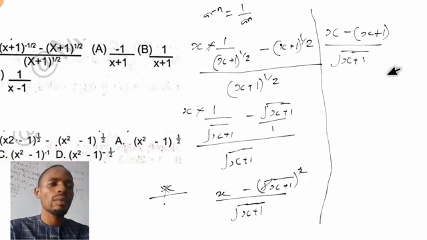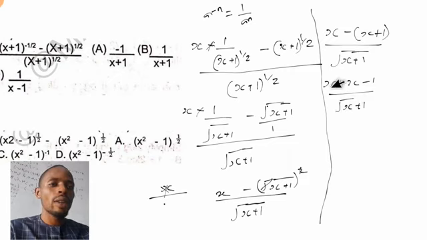The next thing here now, if you open the bracket here, we have minus times s, like minus s, and minus times plus will give us minus. So this one becomes s minus s, so minus times minus gives us minus 1, divided by the square root of s plus 1.